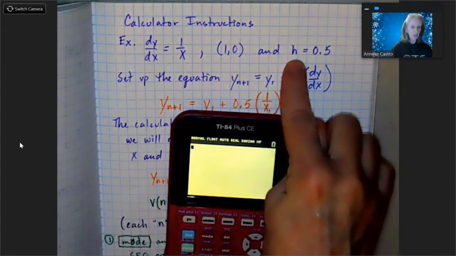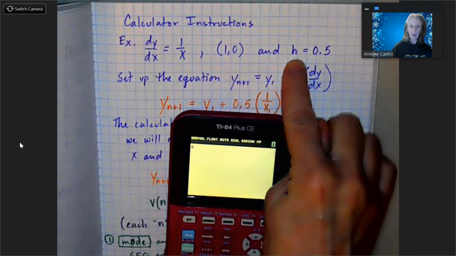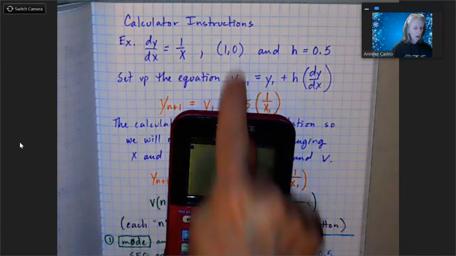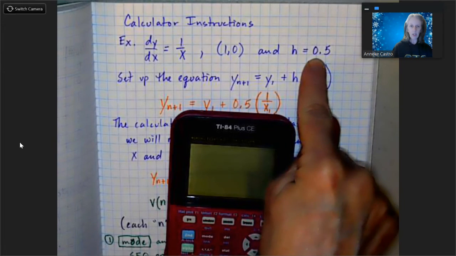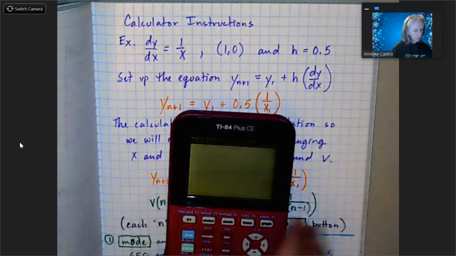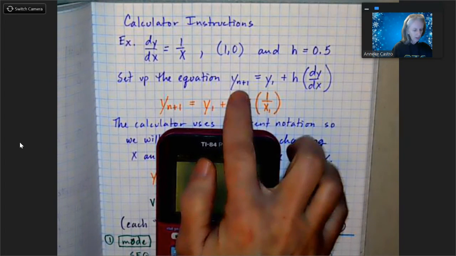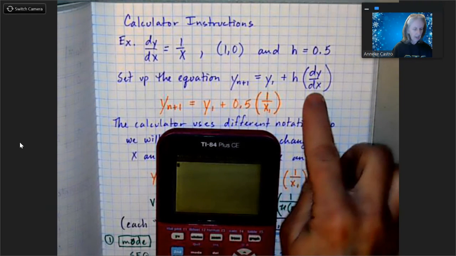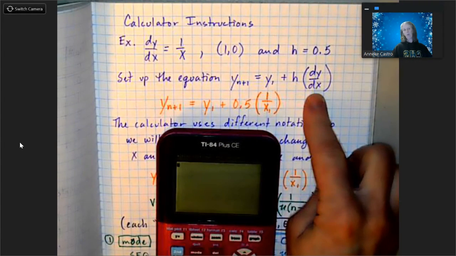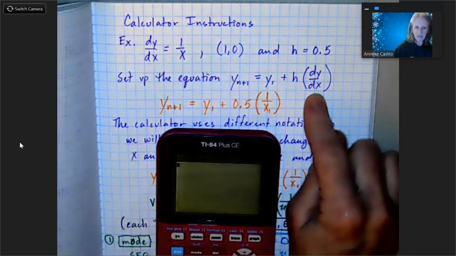And our h value, our step value, how far over we're going to move on the x-axis each time, is 0.5. So our x values are going to grow by 0.5. The first thing you need to do is set up your equation. So here's Euler's method formula. Remember, in the formula packet, instead of saying dy/dx, it says f of x comma y, but it means the same thing.